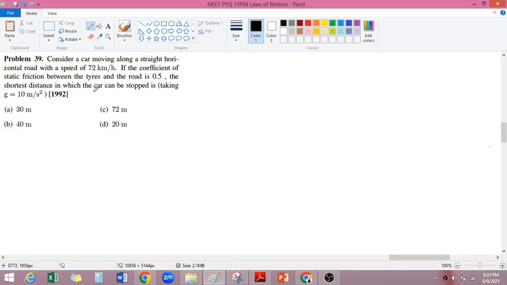Consider a car moving along a straight horizontal road with a speed of 72 km per hour. Whenever you see 36 kilometer per hour, immediately you should remember that it is 10 meter per second. You should not sit there doing multiplication and division. 5/18, 18/5, if you are thinking about that, you will not have time. So 72 kilometer per hour means it will be 20 meter per second.